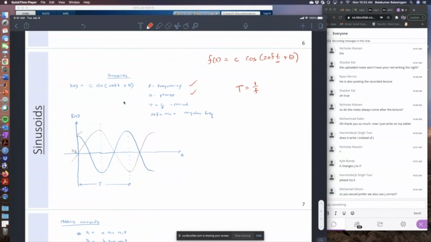And 2 pi f is called the angular frequency. Angular frequency is measured in radians, whereas frequency is measured in hertz.